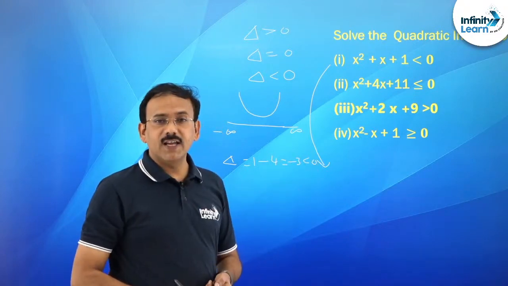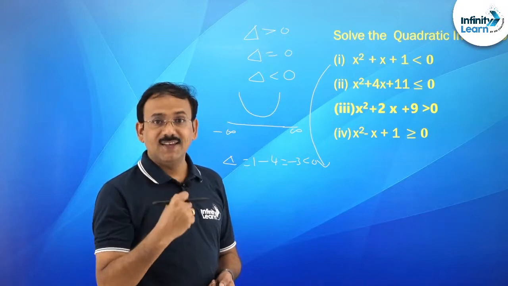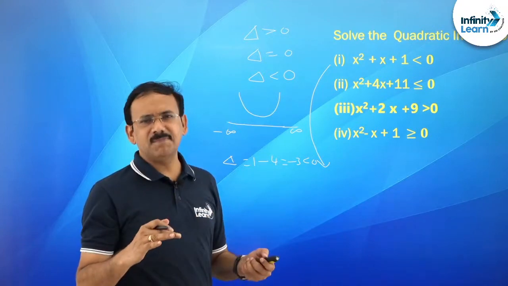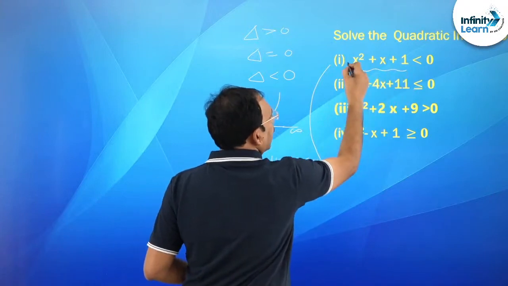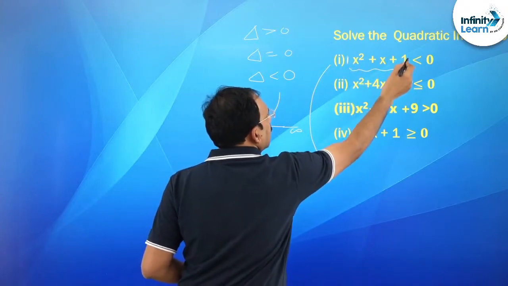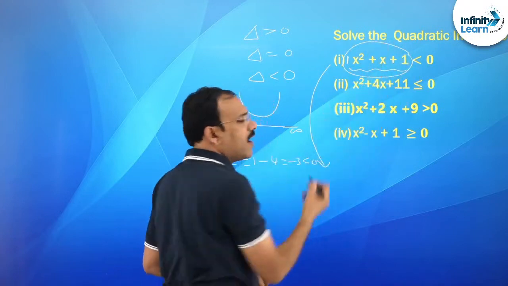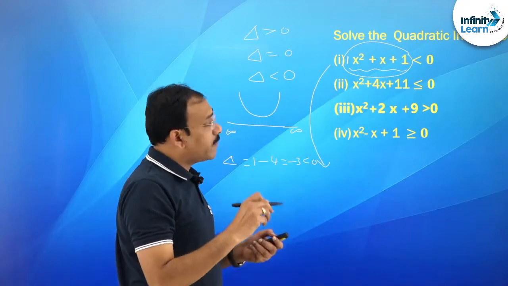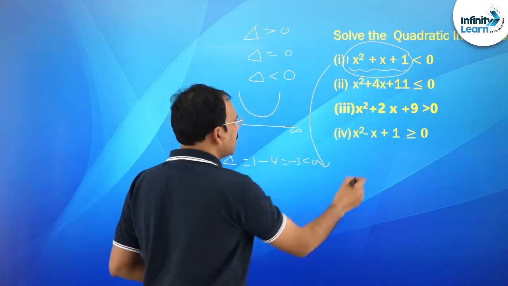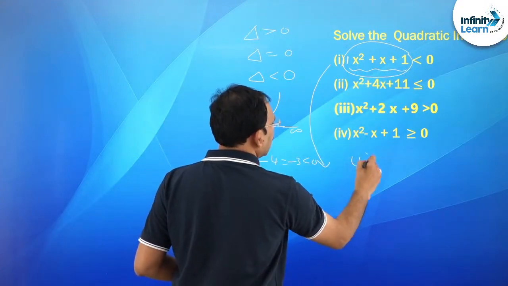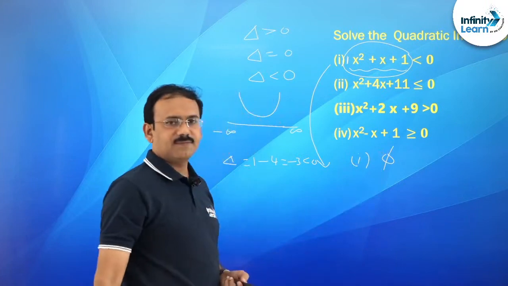If delta is negative, say yes, because the answer is very simple. When delta is negative and the x square coefficient is positive, this expression is always positive. An expression always positive, I want less than 0, impossible, no solution. For the first question, no solution.